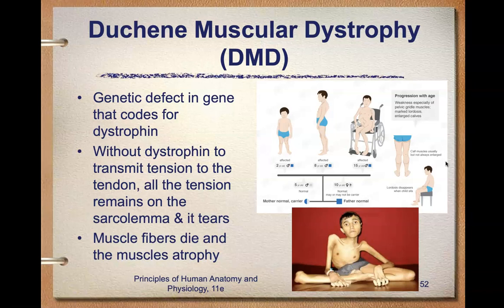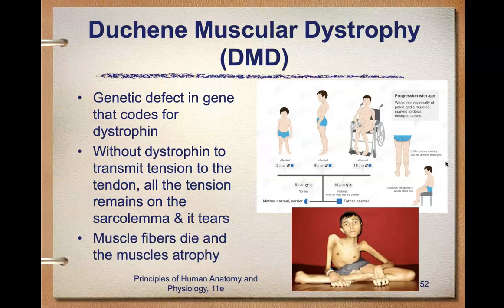But if for some reason mom is a carrier and she passes on this muscular dystrophy gene, then if you're a male, you don't have another X chromosome because you just have Y. You don't have that other X chromosome to give you another shot. So you end up with the genetic defect that codes for a form of dystrophin that isn't functioning. Basically it can't function properly.